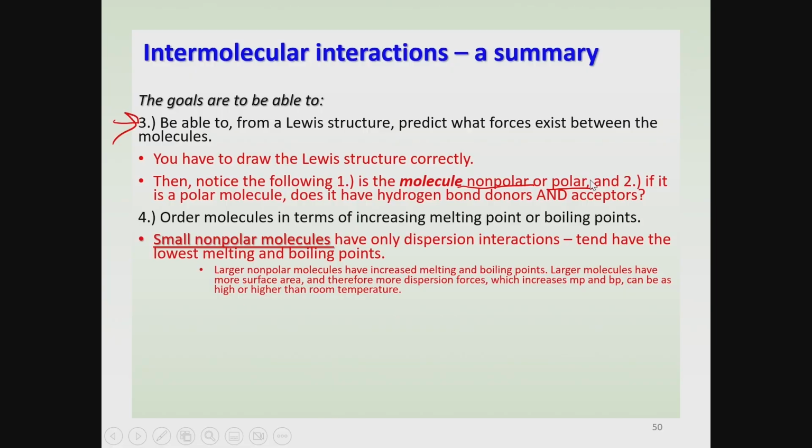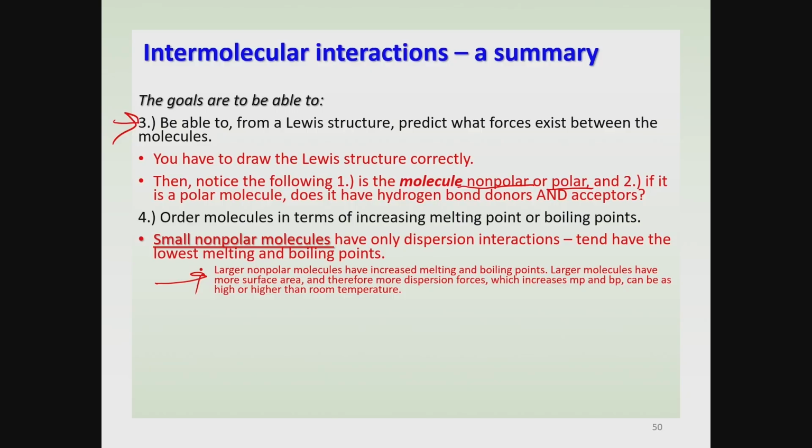Now here is a point that you have to keep in mind. We've only been really talking about small nonpolar molecules, but you can have relatively large nonpolar molecules. An example of that would be oil. One of the things you probably noticed about oil is that it's a liquid at room temperature, even though it's a nonpolar molecule. The reason is that when nonpolar molecules get larger and larger, they have more surface area.